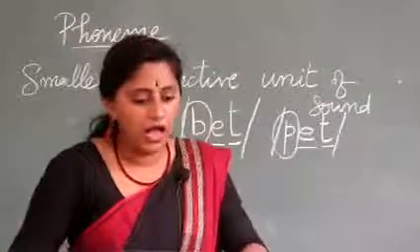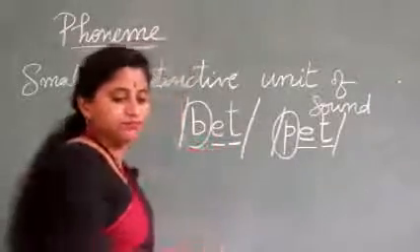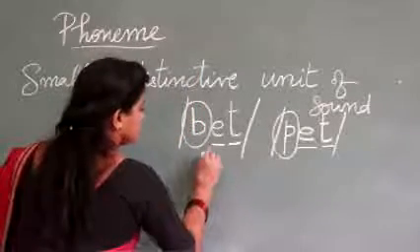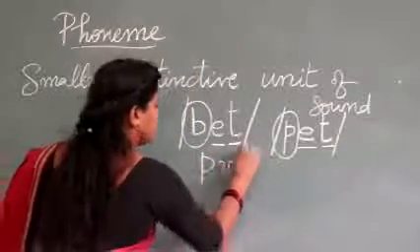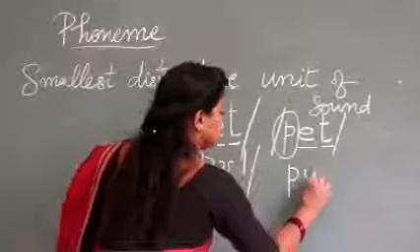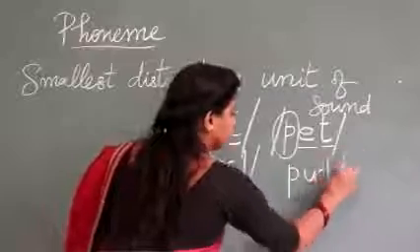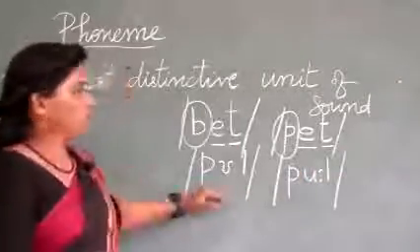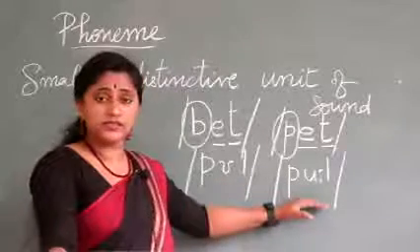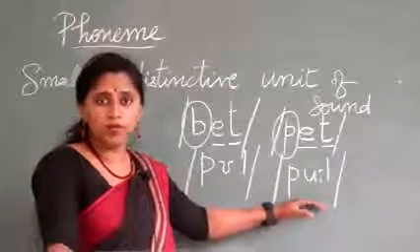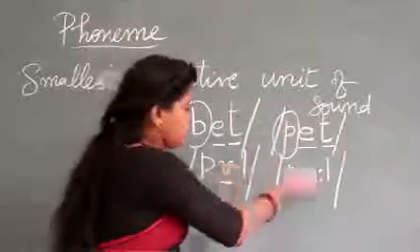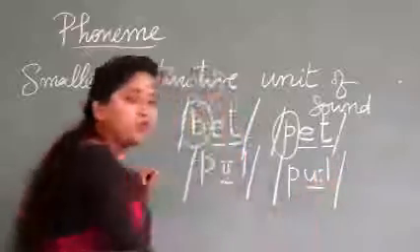Or consider another example. Here it is pull, and here it is pool. Here the short vowel oo is replaced by its long vowel oo.